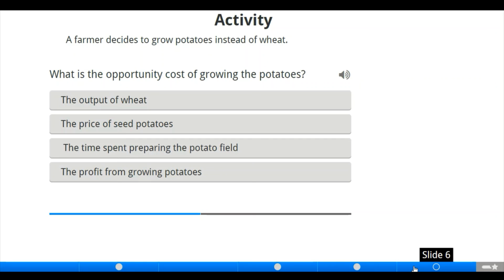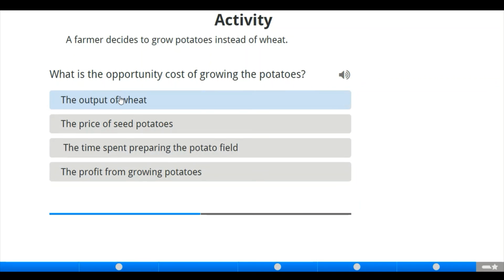No. The time spent preparing the potato feed? No, that should not be the reason why the farmer grows potato instead of wheat. The profit from growing potato, if at all the profit is coming from potato, the farmer will choose potato. It's supposed to be the output of wheat.